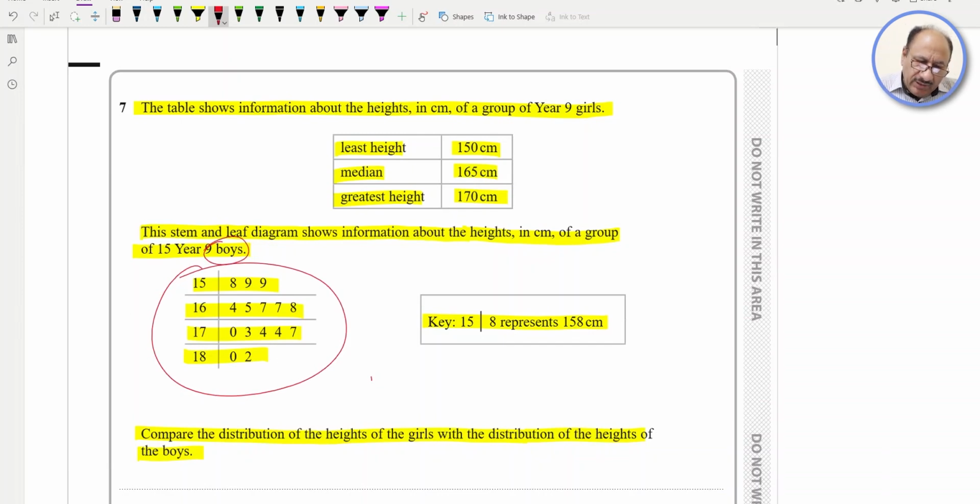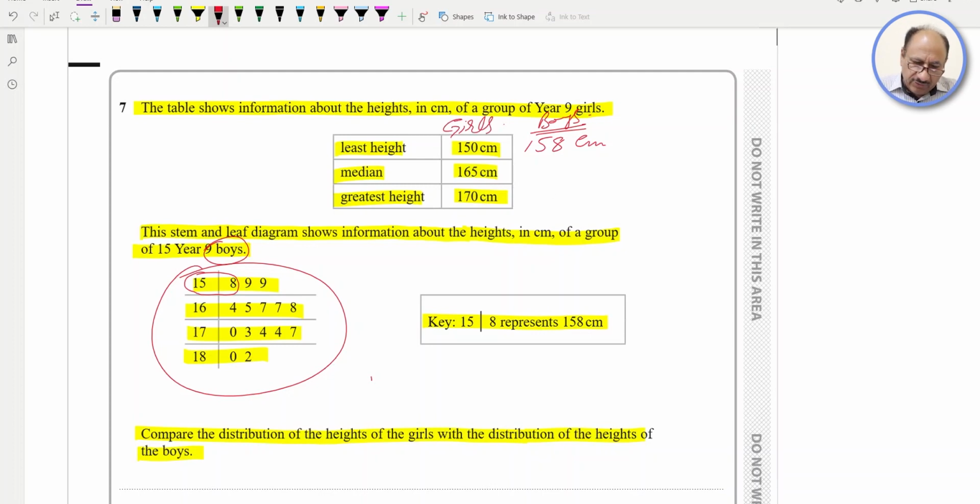So for the boys stem and leaf diagram we can add, for example, least height is what? Least height will be 158, we have taken from here. So least height we can write here 158 centimeters. This is for boys, we can mention over here, and this is for girls.